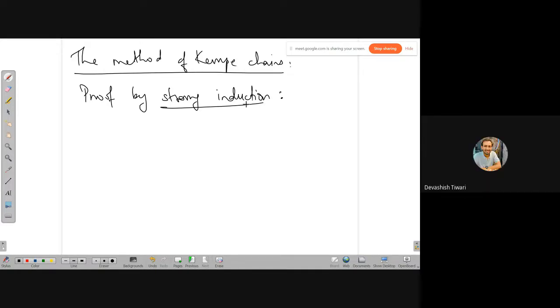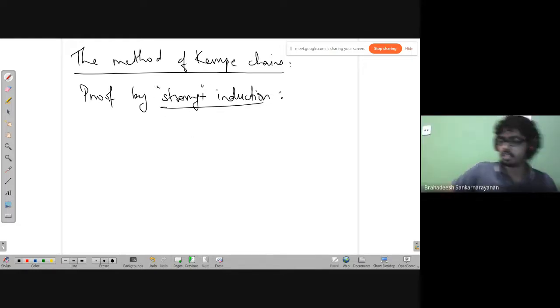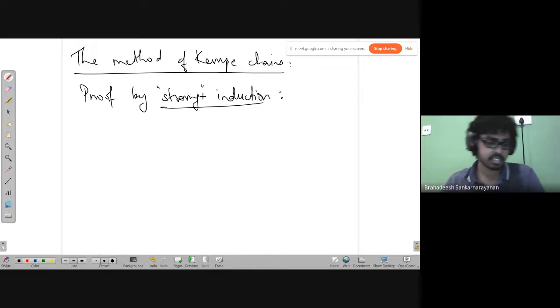Sir, I know induction, but what does the word strong signify before it? Induction, as you know it, is the following algorithm. Let's say you prove a certain statement which is claimed to be true for all natural numbers n. You demonstrate that it is true for the base case, the lowest n, say n equals 0.